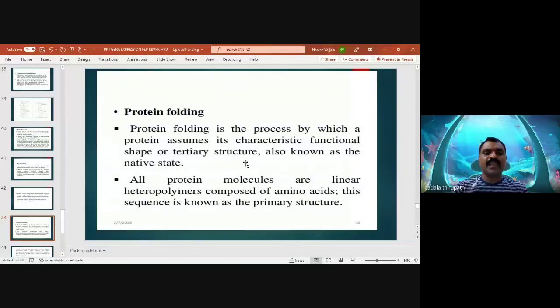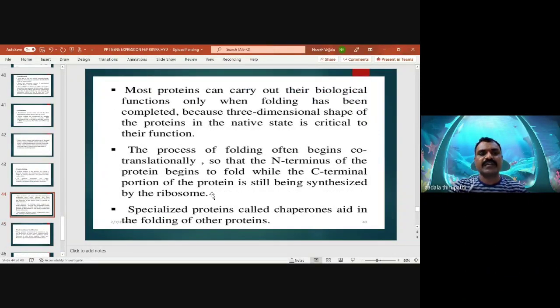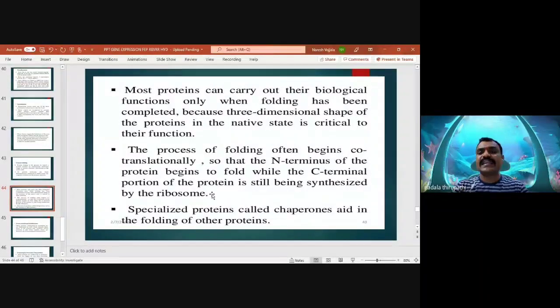All protein molecules are linear heteropolymers composed of amino acids. This sequence is known as the primary structure of the protein. Most proteins can carry out their biological functions only when folding has been completed, because the three-dimensional shape of the protein in the native state is critical to its function.